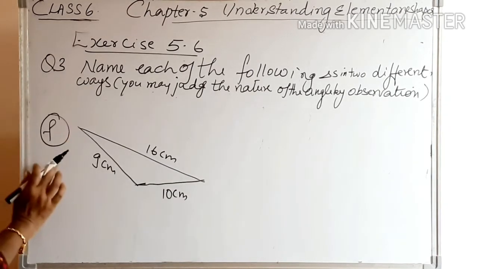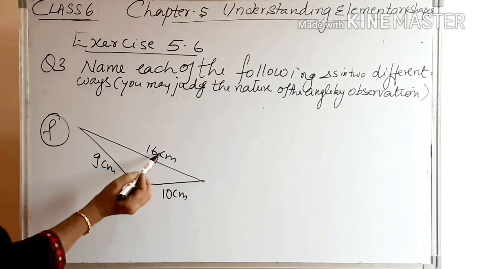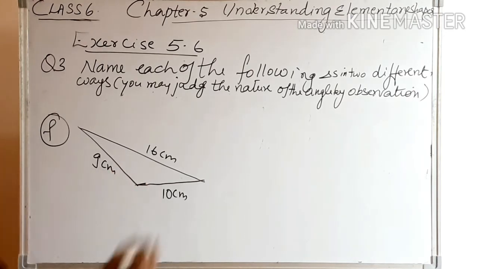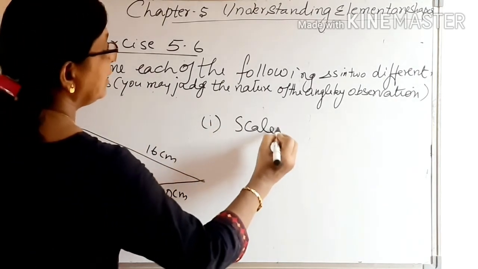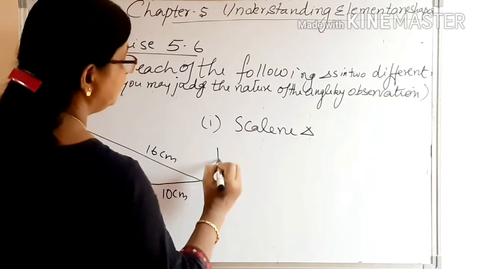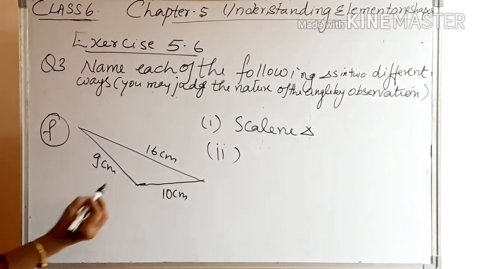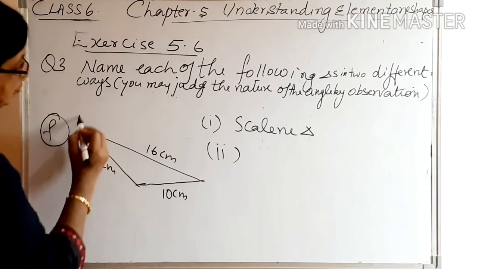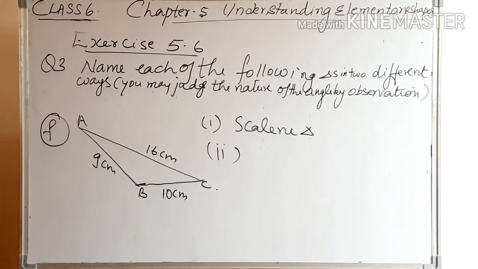Question number 3F. From the figure, it is clear that all three sides are unequal. Therefore, it is a scalene triangle. Consider BC as the baseline.